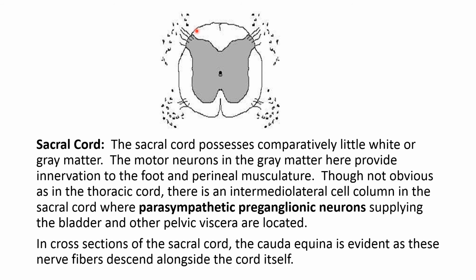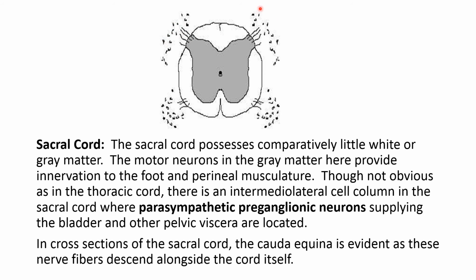As we go lower to the sacral cord, we see even less white matter, and we've lost these big extensions of the gray matter because we have no limbs to control at this level, other than a little bit of input to the foot. And you see less gray matter for sensory input as well.